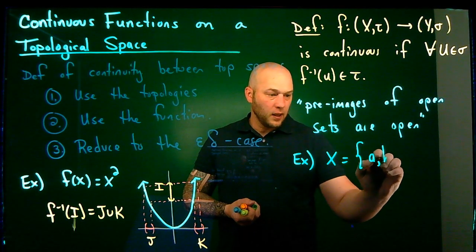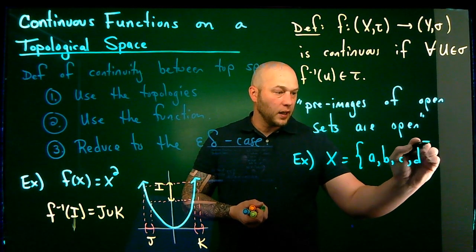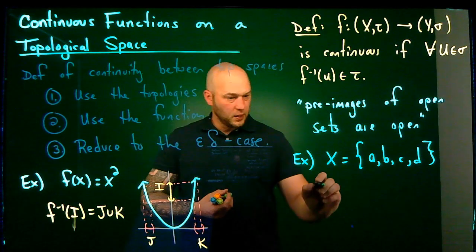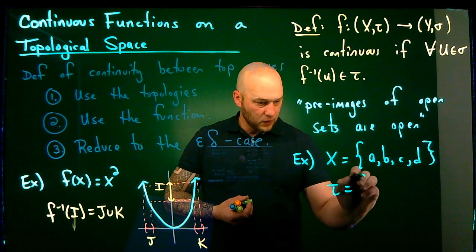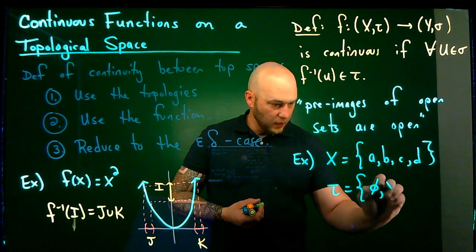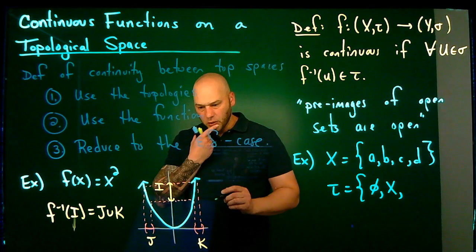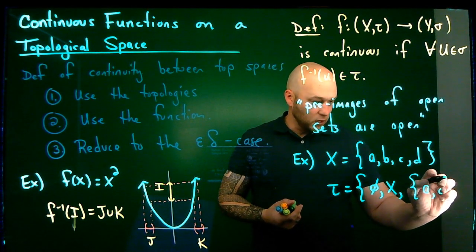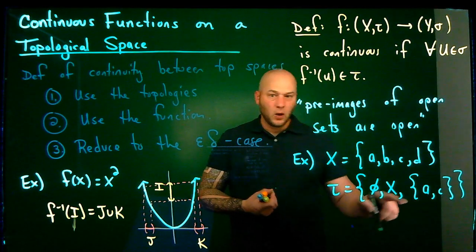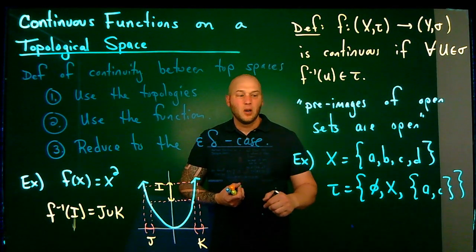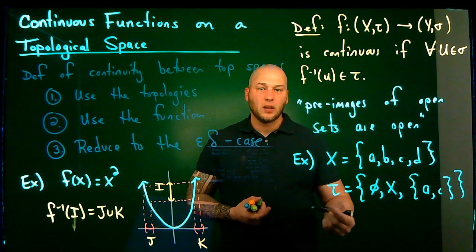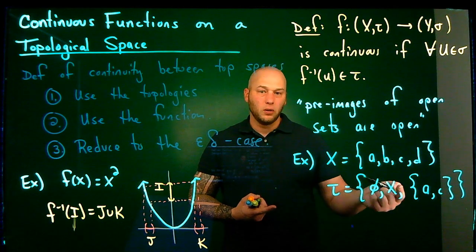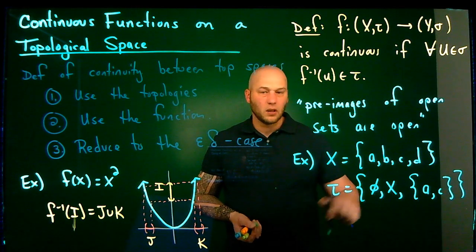X is A, B, C, and D, and let's say the topology on that is going to consist of the empty set and X, and it's also going to be, let's say, the set containing A, C. Okay, quickly verify that that's a topology. Remember, it contains the empty set and X, and it's closed under arbitrary unions and finite intersections, and that does satisfy that.